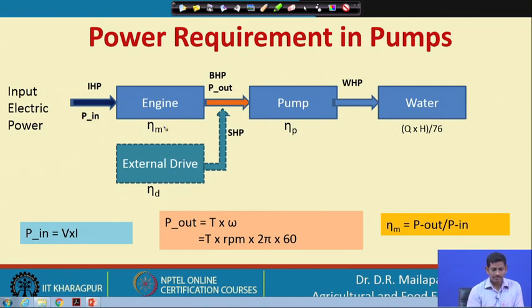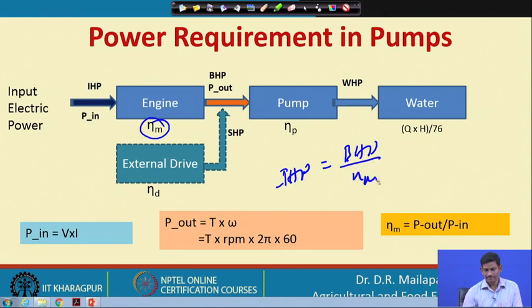Then putting in the engine efficiency, motor efficiency, you get IHP equal to BHP divided by ηM. So, that will give the engine efficiency.